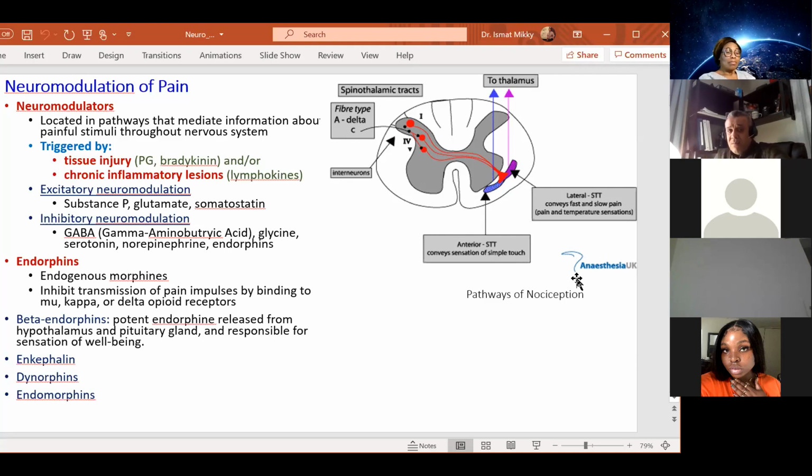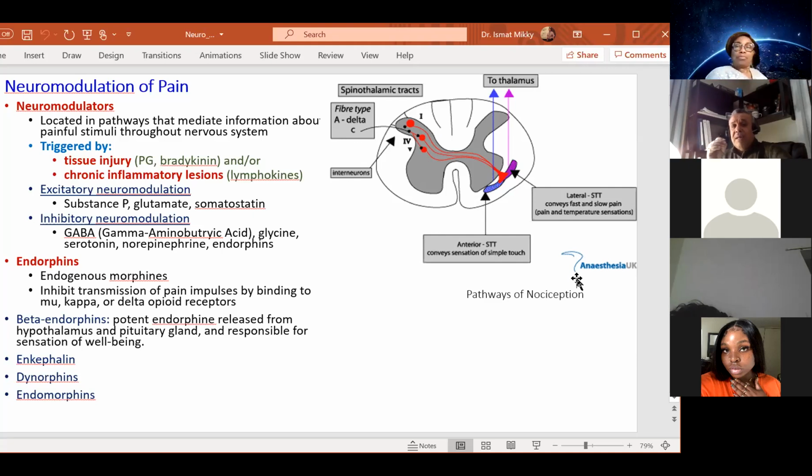So the simple, or simplistic, concept of all of this is that we have neurotransmitters that are going to result in pain relief. Others would excite or cause pain problems or the sensation of pain.